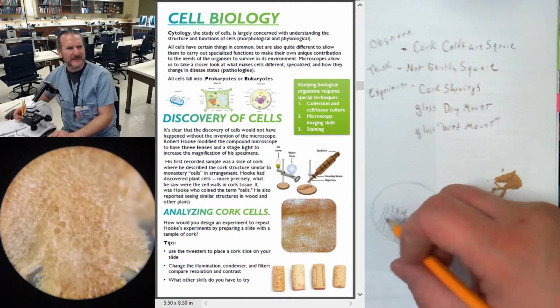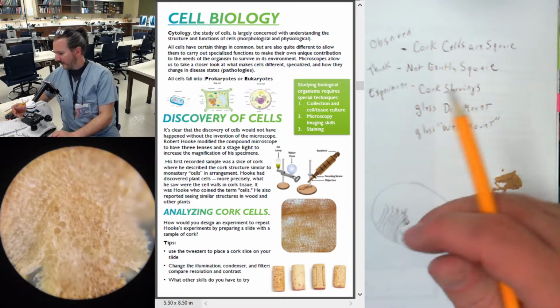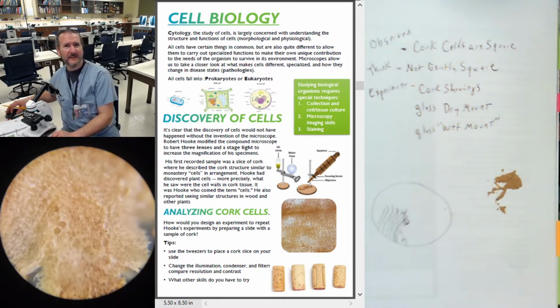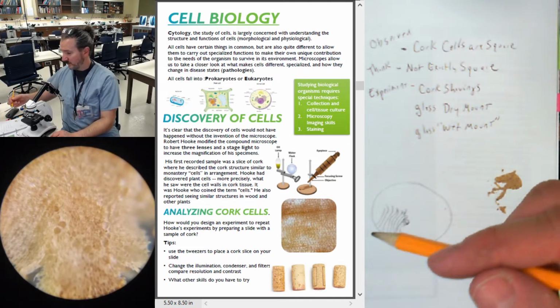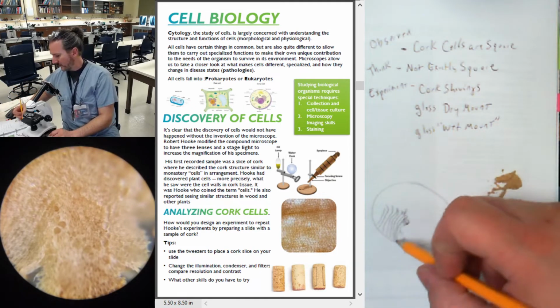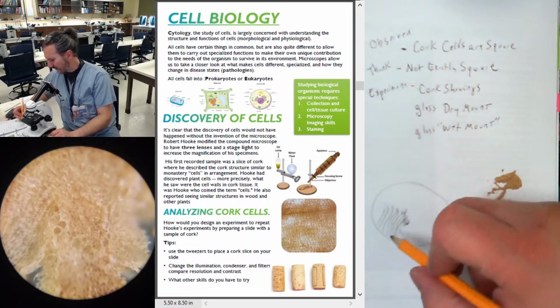But what I am seeing are that these cells on the bottom left, as they swoop up, kind of have through here a rectangular shape.